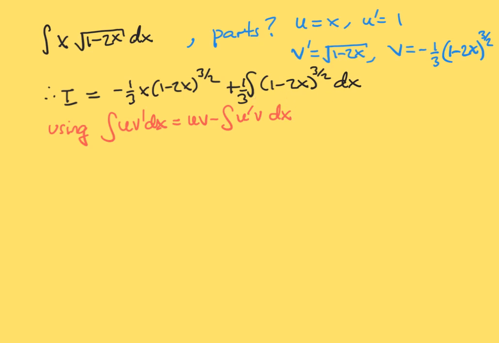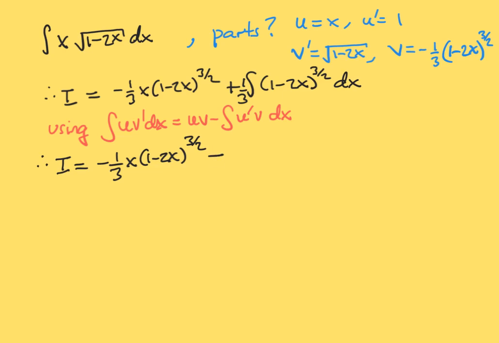So what we obtain is that our initial integral is minus 1/3 x times 1 minus 2x to the 3/2, plus, and I'll actually leave the sign as a minus, because if it's going to be plus, I can easily draw the vertical line to turn this into a plus sign.